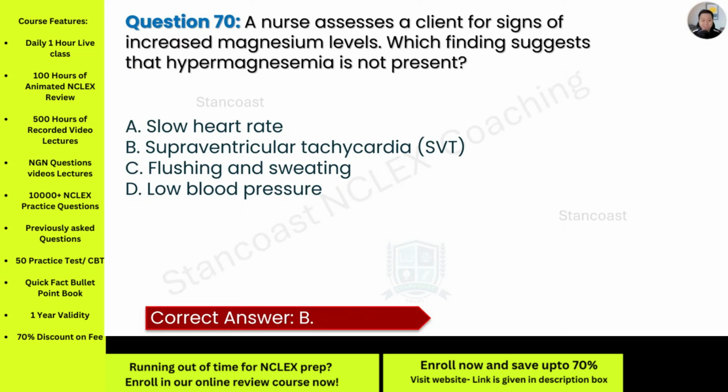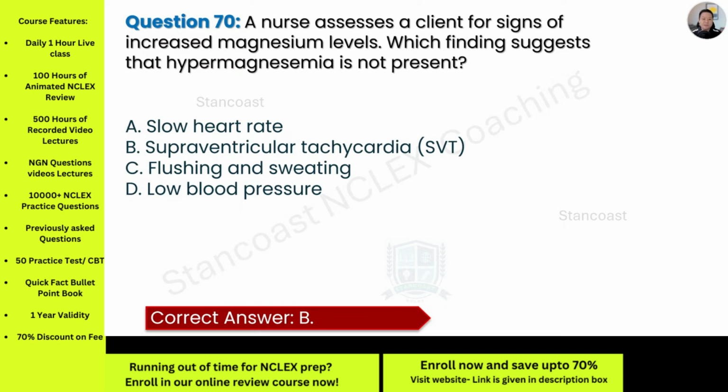magnesium levels. And the reason for that is because magnesium deficiency can increase the excitability in the heart, which can lead to tachyarrhythmias. And so if you selected letter A, that is incorrect, because it is a hallmark of hypermagnesemia due to the depressive effects on the cardiac conduction.